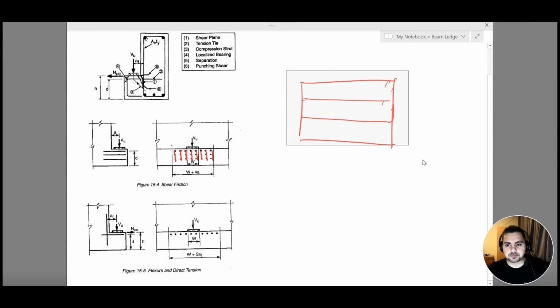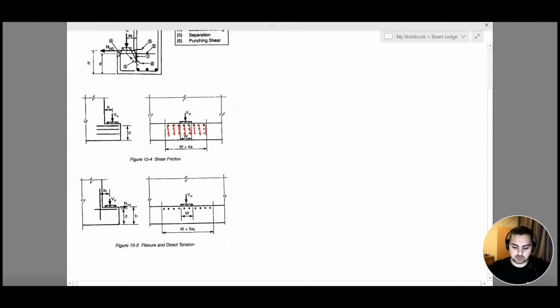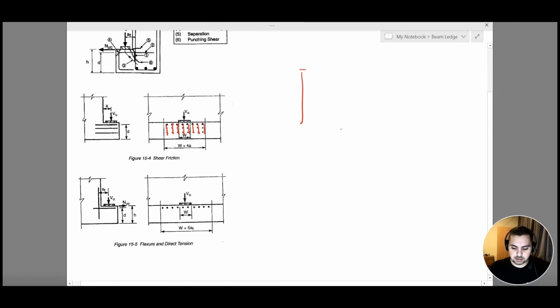Now, a second type of reinforcement that we said, due to Vu, to make sure that my Vu is being transferred to my column, we place a steel hanger here, just like this, to make sure that my tension is being transferred safely to my column.